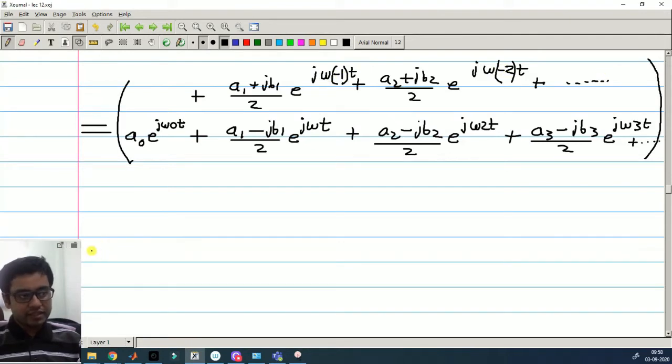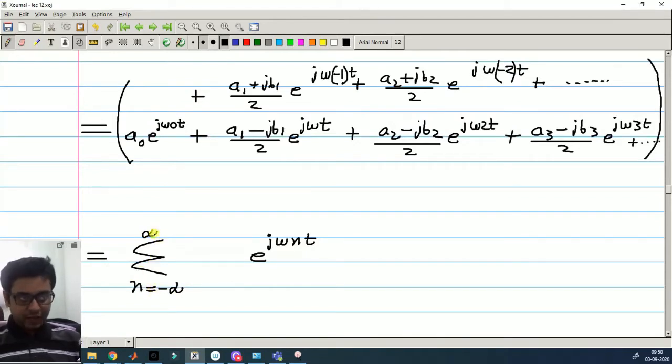So that means I can write this as a sum over e to the power j omega nt, where n runs from minus infinity to plus infinity, all integers, plus, minus, 0, everything.